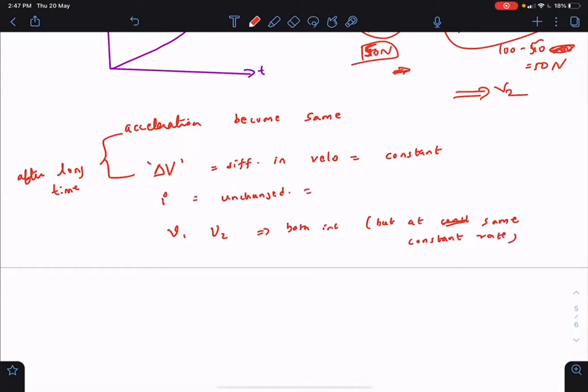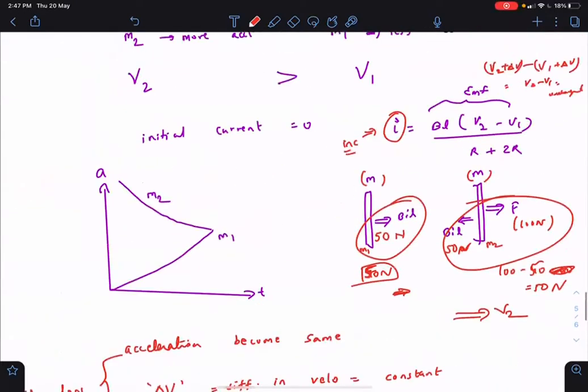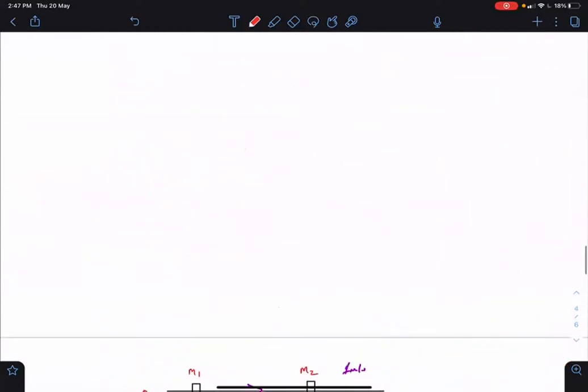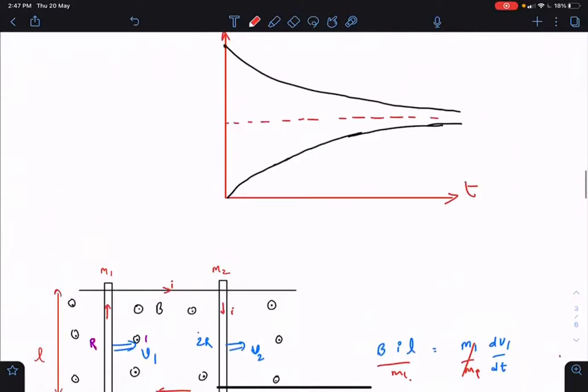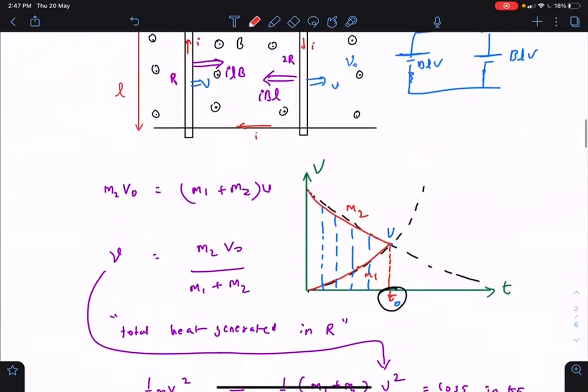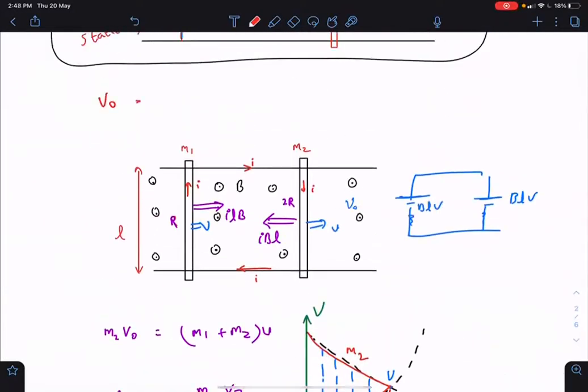The current will become constant. See, in the previous case, when velocity V0 was just given and no force was acting, we got the current to be 0.